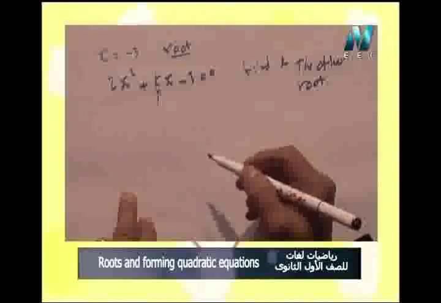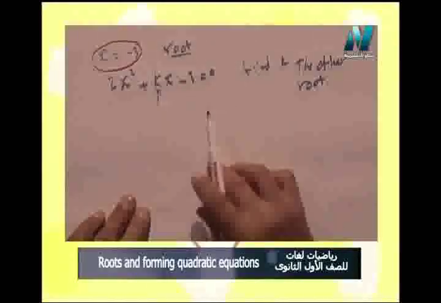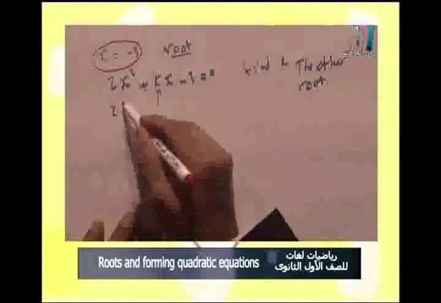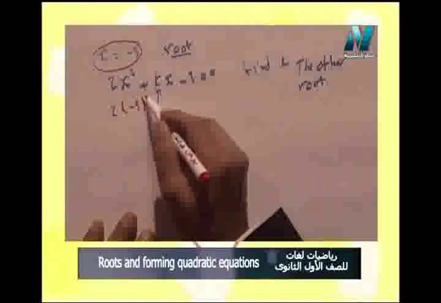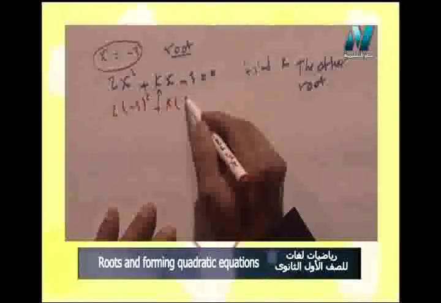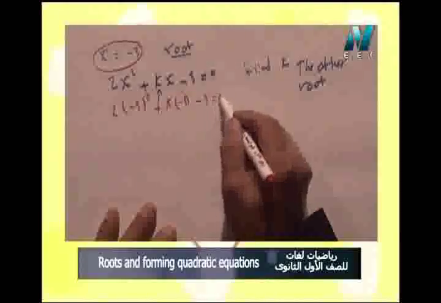We would like to find the value of k and the other root. We have two methods. The first method is to substitute x equals negative 3 here. So 2 multiplied by negative 3 power 2 plus k multiplied by negative 3 minus 3 equals 0.